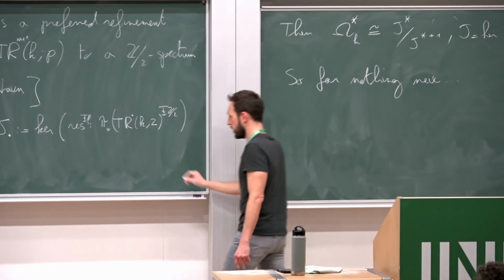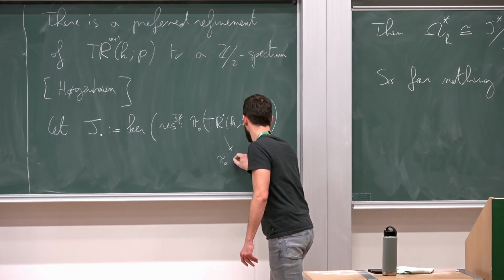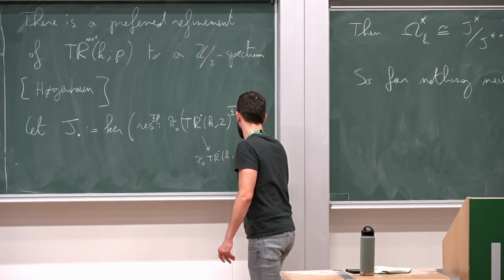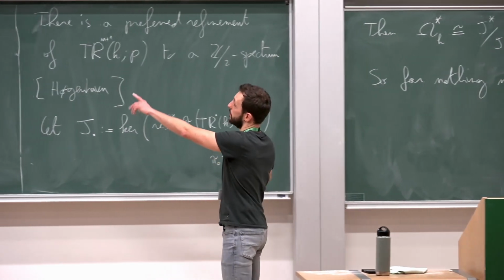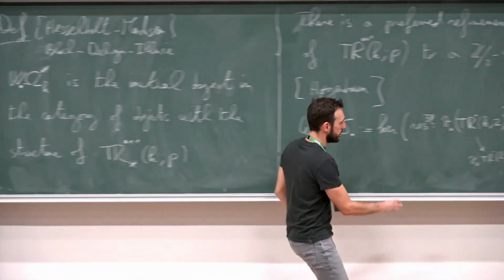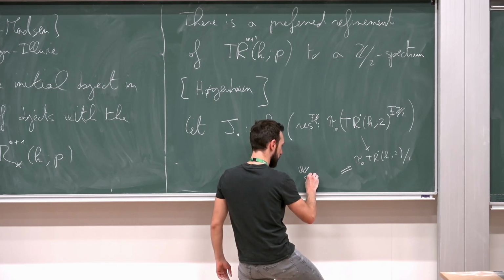So I can do this and take the restriction map to pi 0 of TR of K at the prime 2, mod 2, which, you know, the underlying thing is the thing we know, it is the Witt vectors. So that's the two typical Witt vectors of K.